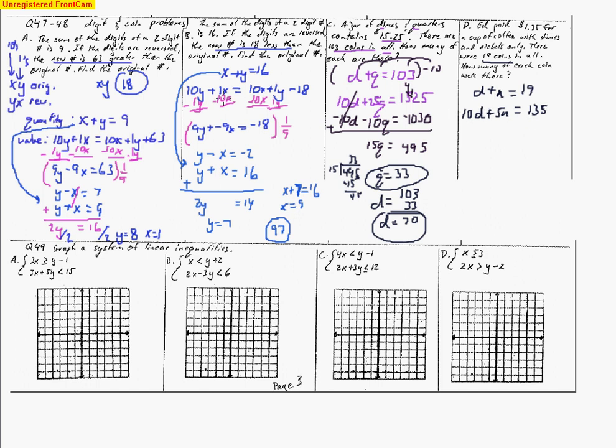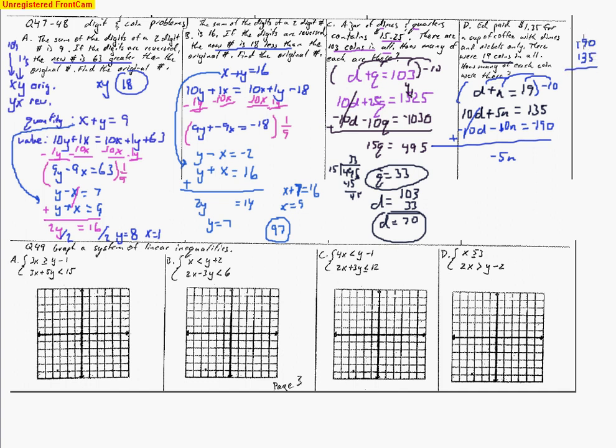So let's go ahead and cancel out one of these unknowns. I think it's easier just to multiply by negative 10. So that's what I'll do. Negative 10d minus 10n equals negative 190. So off to the side, I need to add these equations together. I get the d's to cancel. I got negative 5n. And up here I need to do 190 minus 135.